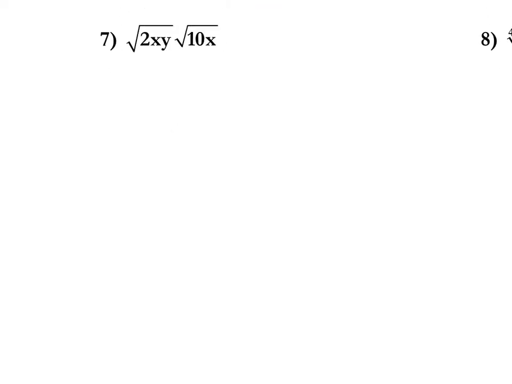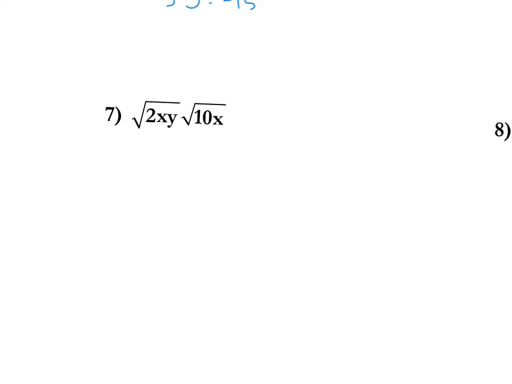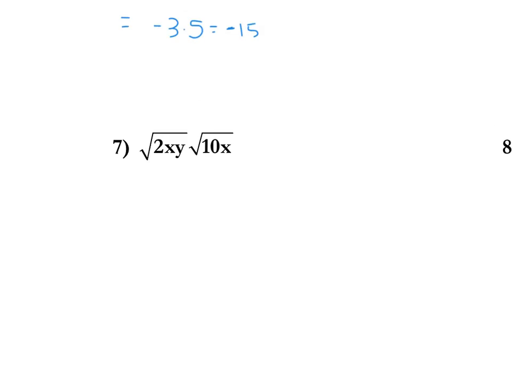Okay, let's look at number 7. So for number 7, we can't simplify anything first, so we're going to go ahead and multiply these 2 radicals together. So we get 20 x squared y, and then simplify if you can. So 20 can get broken down into 4 and 5, 2 and 2.